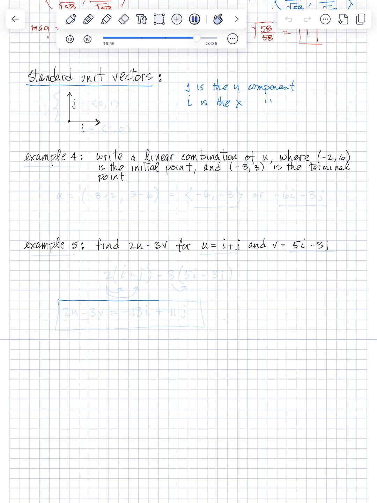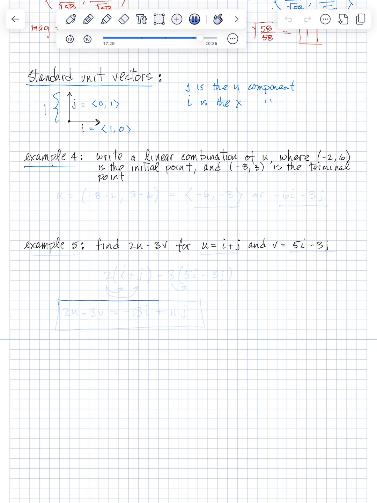So j, this length is 1. And j is a unit vector, and its coordinates would be 0, 1. i is a unit vector, and that would be 1, 0. So what we're going to do is called a linear combination of vectors i and j. Let's get into example 4, and I'll show you what that means.